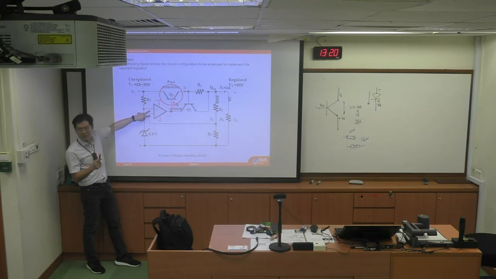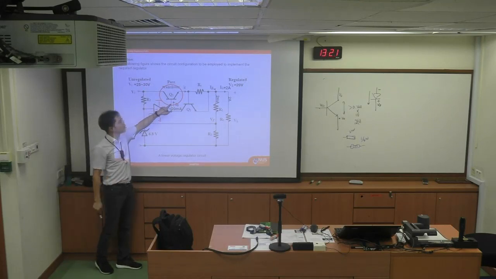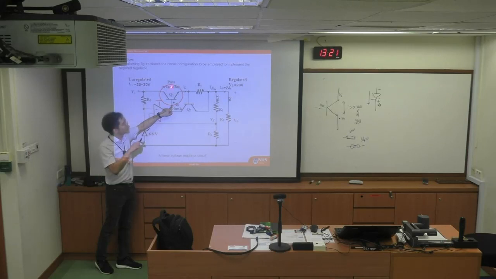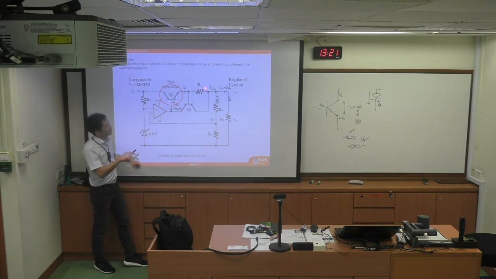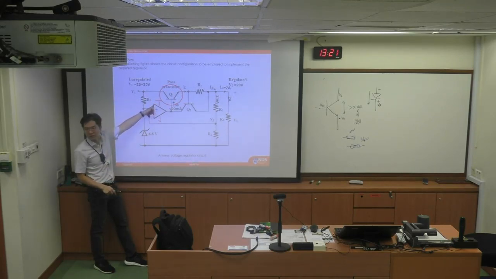In a PNP, in order to flow more current, your base voltage should be lower. In other words, if you want to flow less current, your base voltage should be higher. So the positive port and negative port should be swapped if it is a PNP transistor. Can you see that?